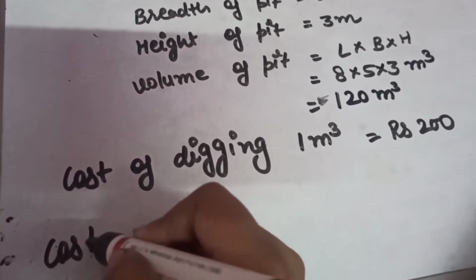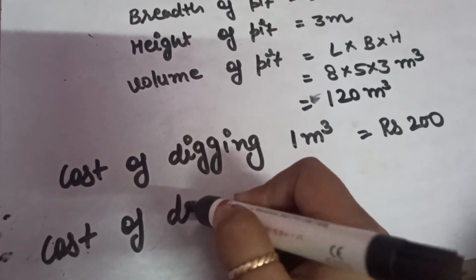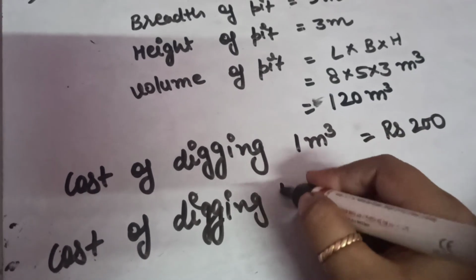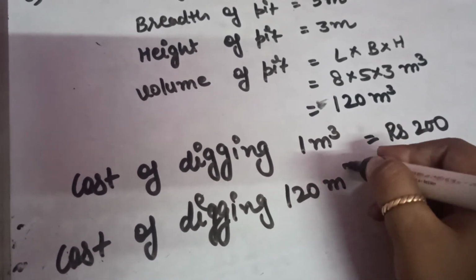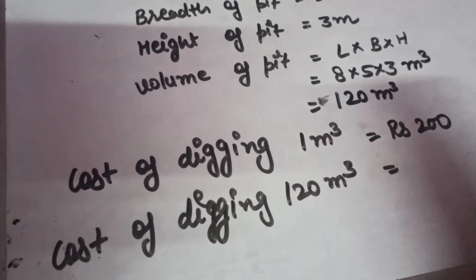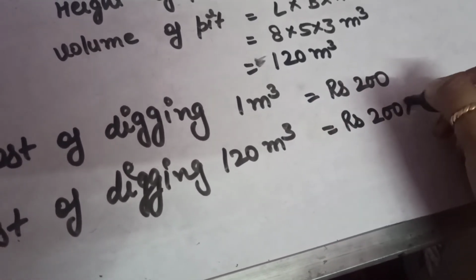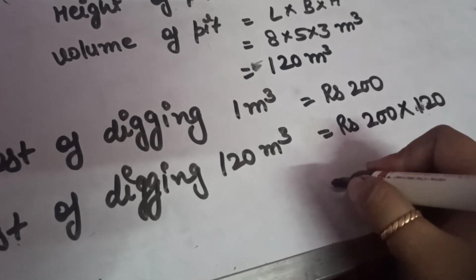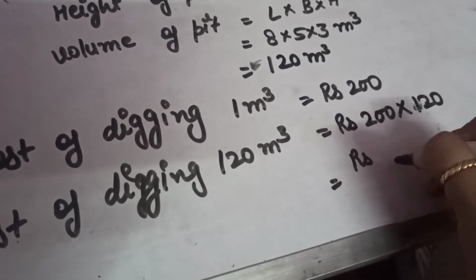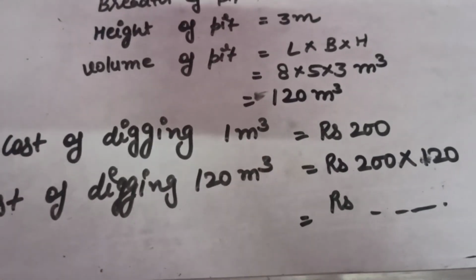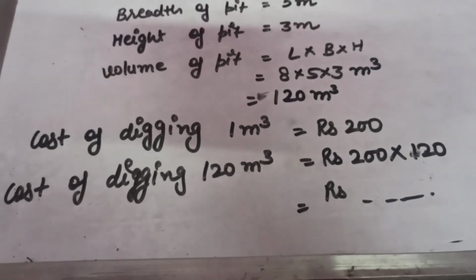And we have to find the cost of digging 120 meter cube. What will we do? We will multiply with 200. Now we will multiply and write the cost of digging the pit of 120 meter cube.